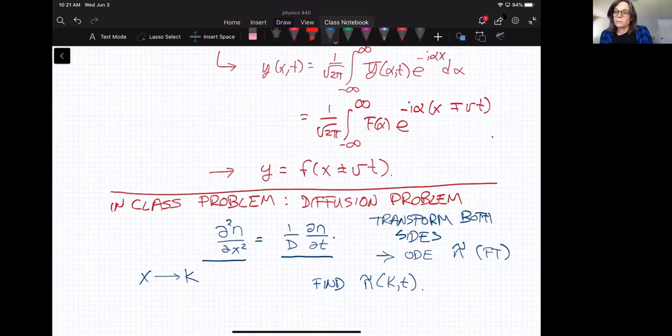Evaluate the Fourier transform. Find what that expression for the Fourier transform is, that n tilde, and then find an expression for that in terms of k and t. Okay. Does that make sense?